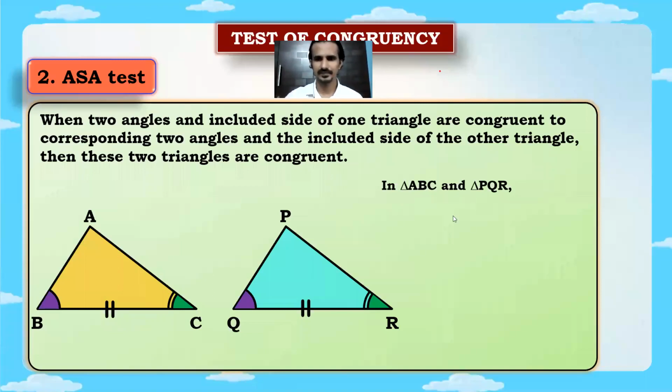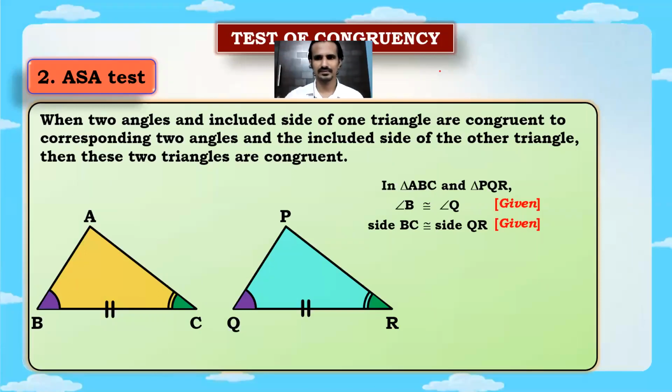In triangle ABC and triangle PQR, angle ABC is congruent to angle PQR. Very good. Or we can just say B congruent to Q. Okay. Next. Side BC is congruent to side QR. Very good. It is given.